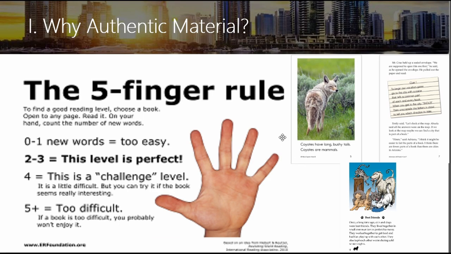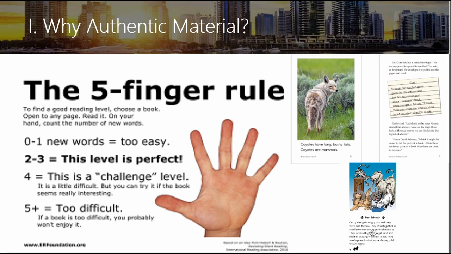They have 1-to-1 text to picture support, so the context of the words is a lot easier to get. As we get up more into intermediate, we still have some picture support, but it's not 1-to-1. We have more words.